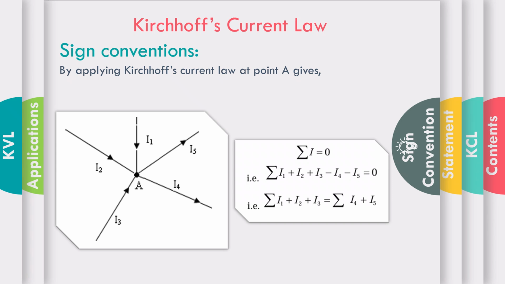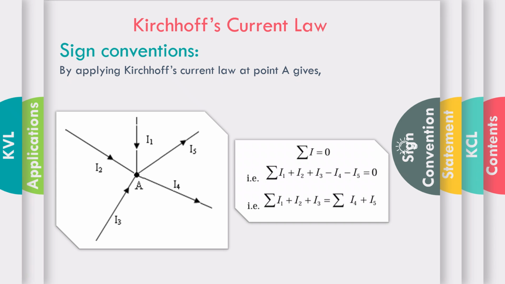Next, we can apply KCL at point A. It gives the equation: I1, current flowing towards the junction point, is positive. I2 also flows towards the junction point, so it is also positive, and I3 is also positive. I4 and I5 are currents flowing away from the junction point, so they are considered minus I4 and minus I5, equal to 0.